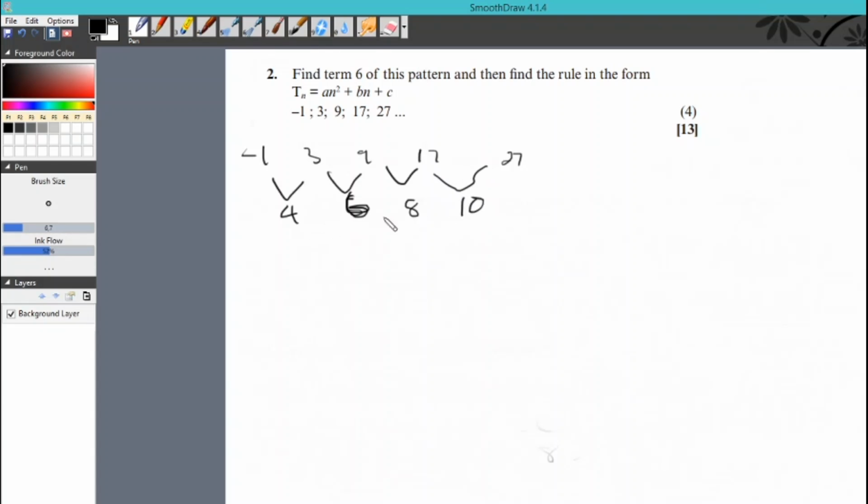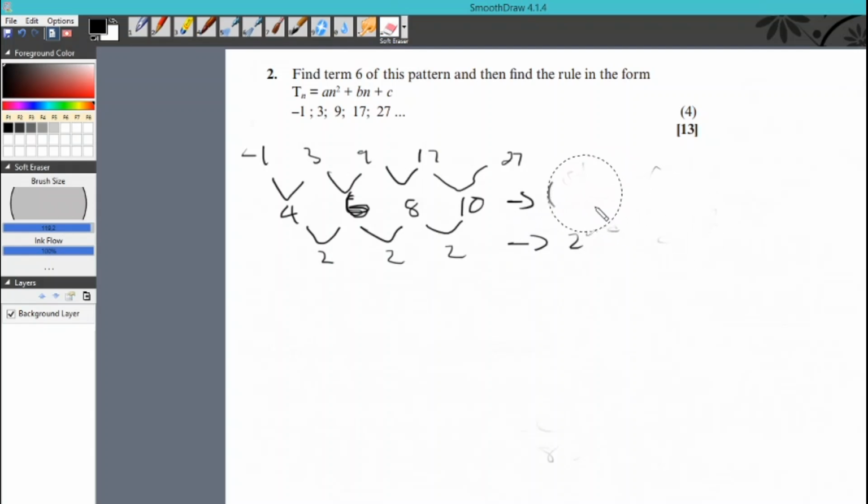And this is our first difference. Then notice 6 minus 4 is 2, 8 minus 6 is 2, 10 minus 8 is 2. This is our second difference, right? So we have a second difference of 2. Therefore this is a quadratic sequence, right?